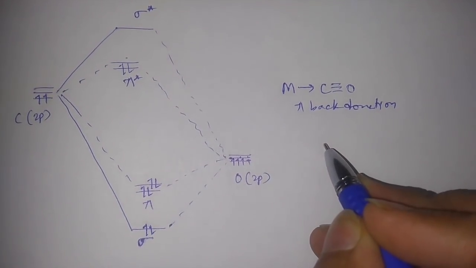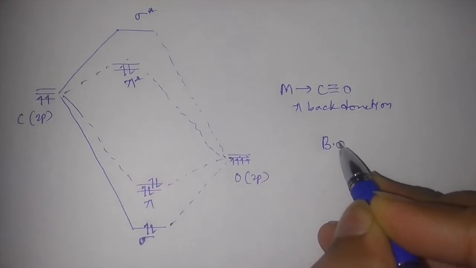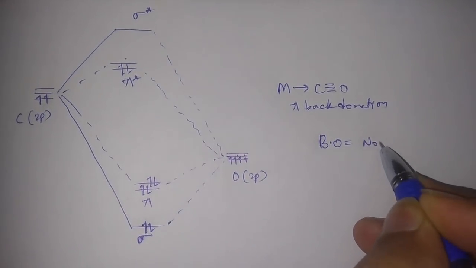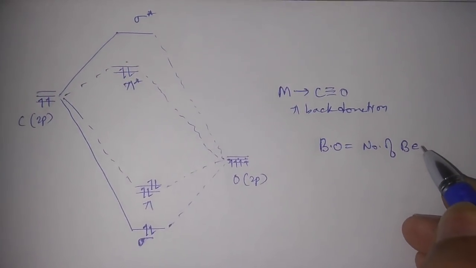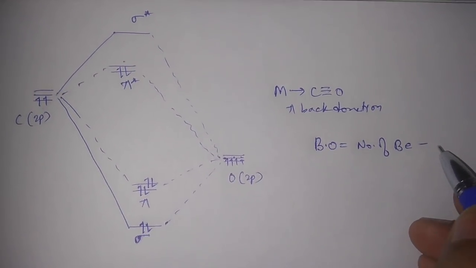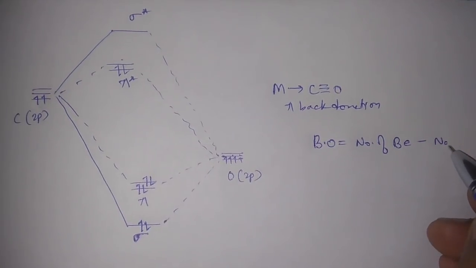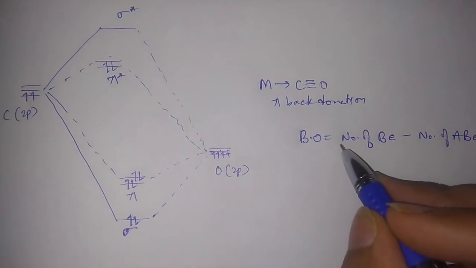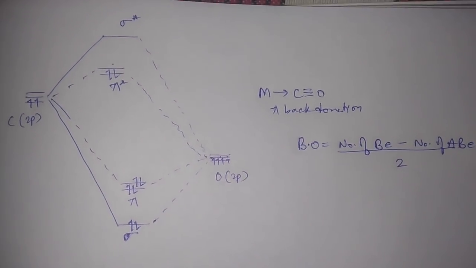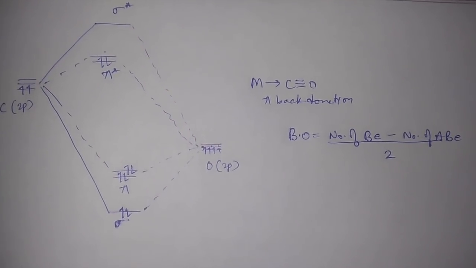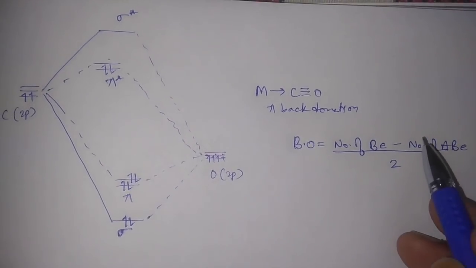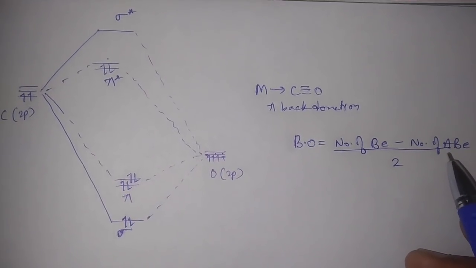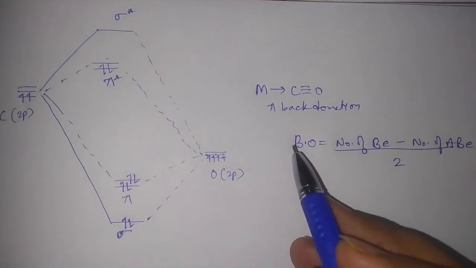Now the formula for bond order of a particular bond is the number of bonding electrons minus the number of anti-bonding electrons, divided by 2. So if you increase the number of electrons in anti-bonding orbitals, the bond order will decrease.